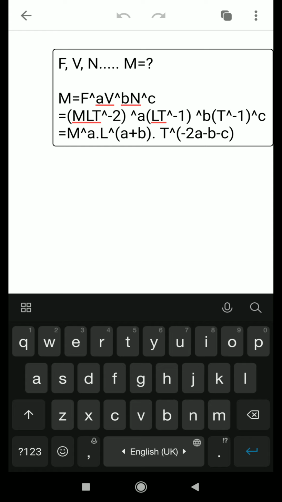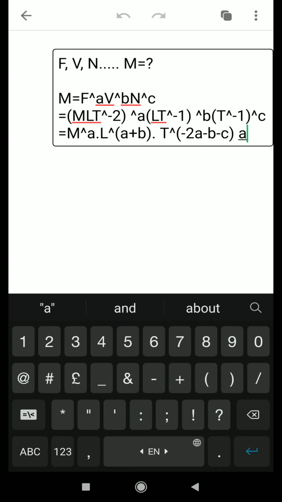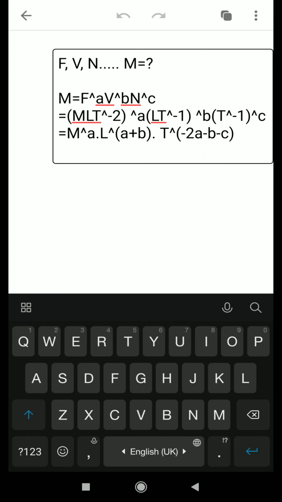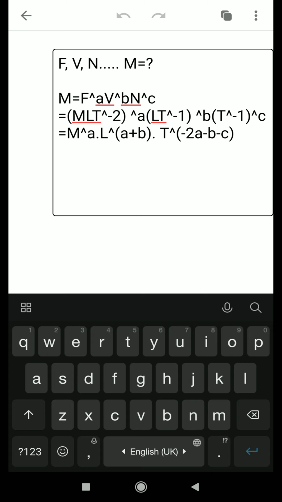From equalizing the left side with the right side, we get three equations, and there are three unknowns a, b and c. The power of M at the left side is 1, the power of M at the right side is a, so a equal to 1.